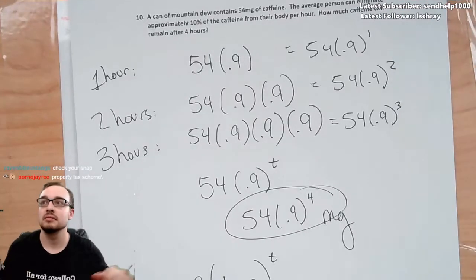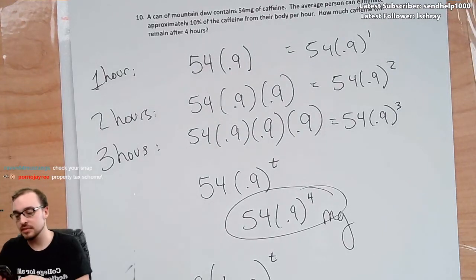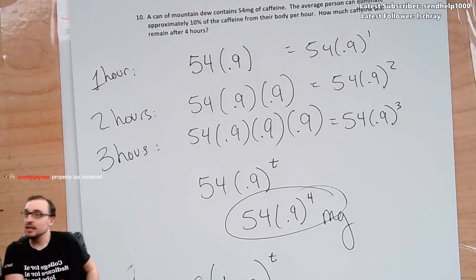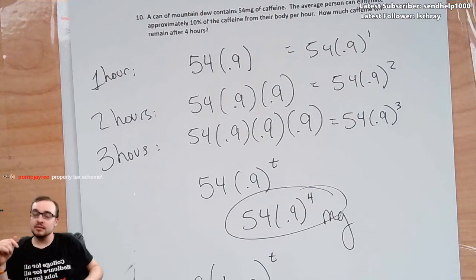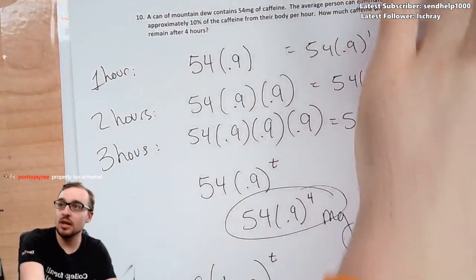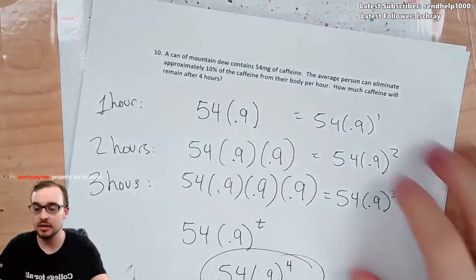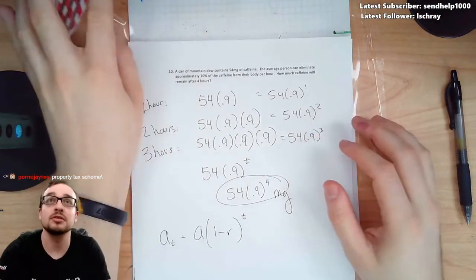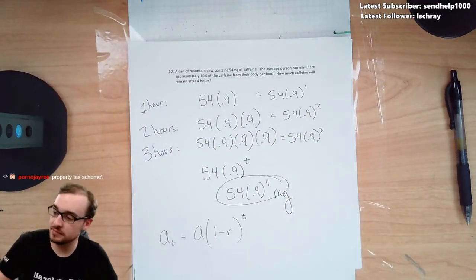But that's it. Property tax scheme? Yikes. That's no good. Another lefty bites the dust. And by lefty, I mean liberal. They do the exact same thing as Republicans do, but they're not smart enough not to get caught.